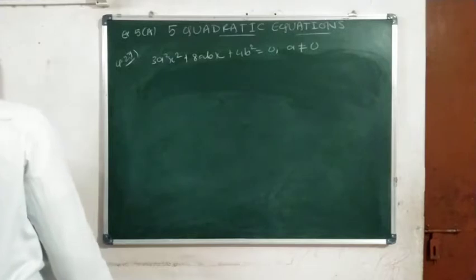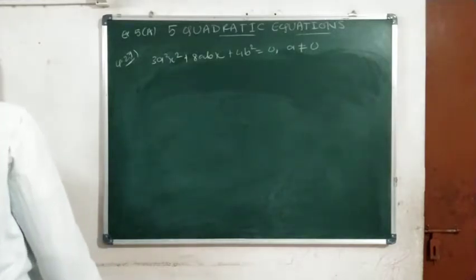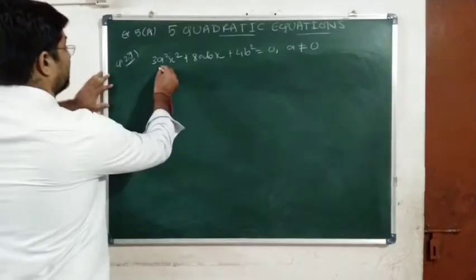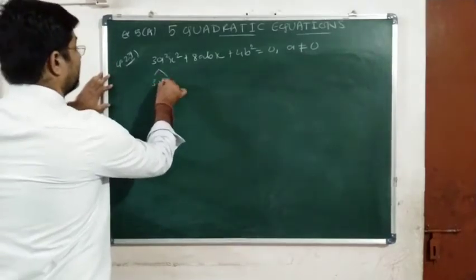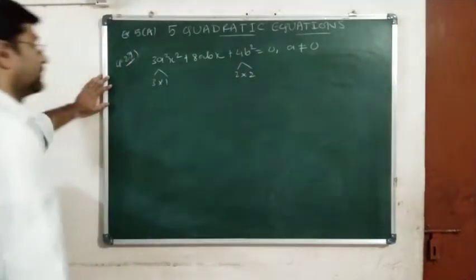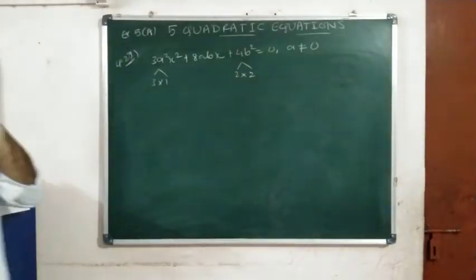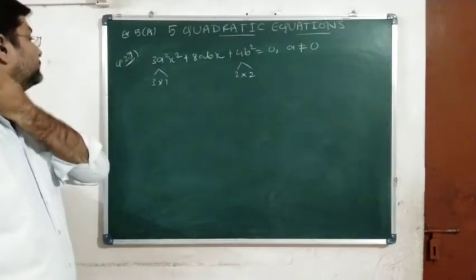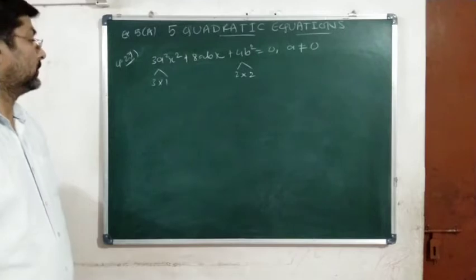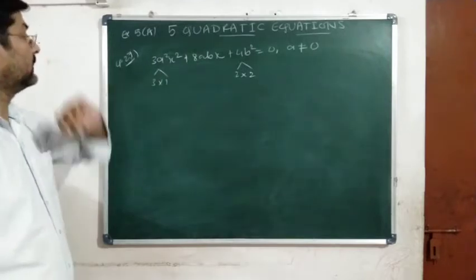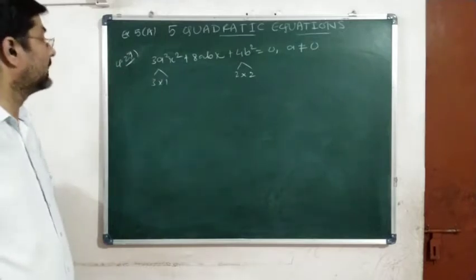We have to factorize. So let us factorize. Now this can be factorized as here 3 ones and 4 as 2 twos. Now we want the sum to be 8.